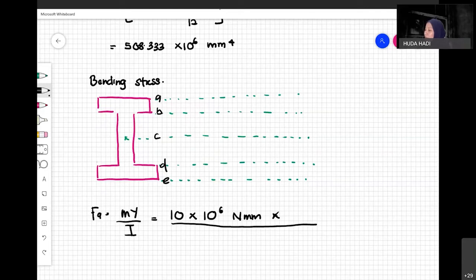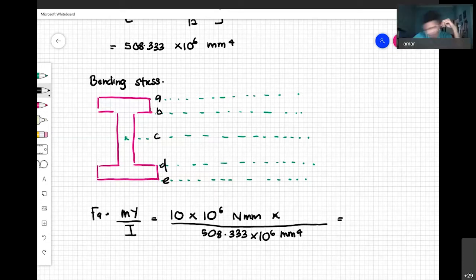I don't know the value and I expect some input from you. Can anyone provide me the value for Y? But what is Y actually? Distance from point A to the centroid of the whole beam. What is the value? 150. Yes, thank you Amar, and thank you to whoever answered earlier.